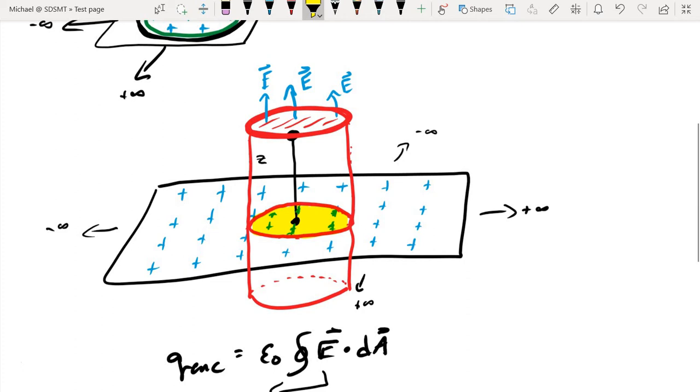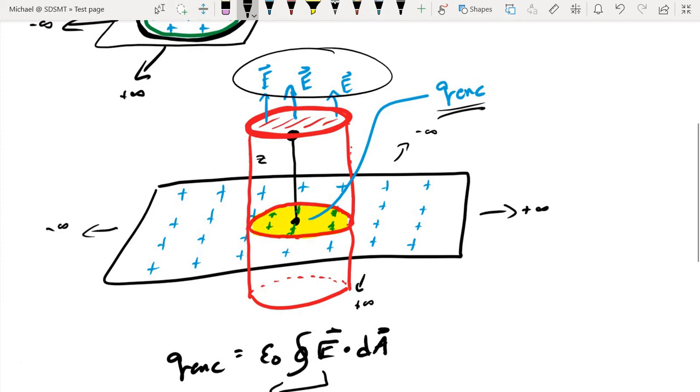And so now I have an enclosed charge value. There's a certain amount of charge that has been enclosed by that circle. And now we can focus our attentions on how that enclosed charge relates to the electric field that is passing through the surface area up top.